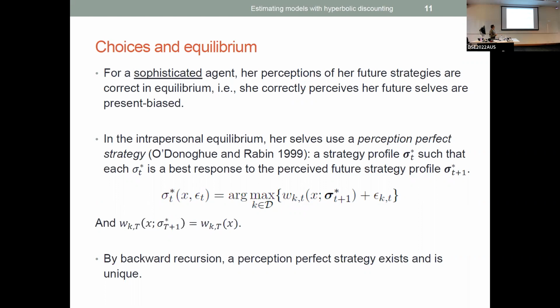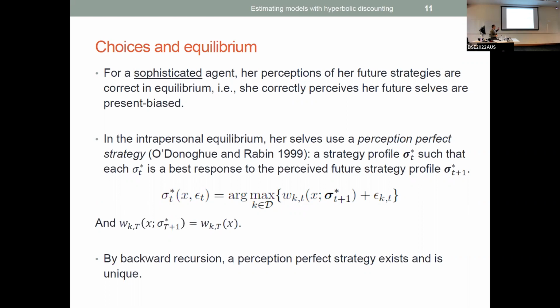And in the intrapersonal equilibrium, all her different selves use a perception-perfect strategy, which means a strategy profile, sigma star, such that each strategy is the best response to the perceived future strategy profile.